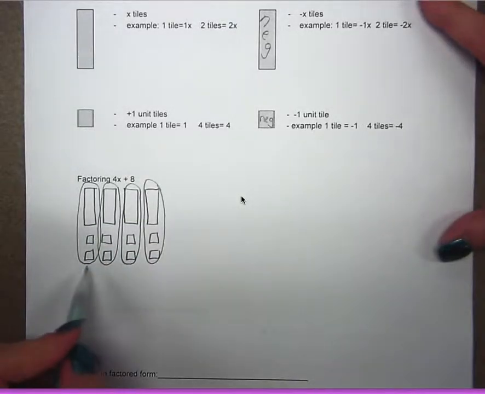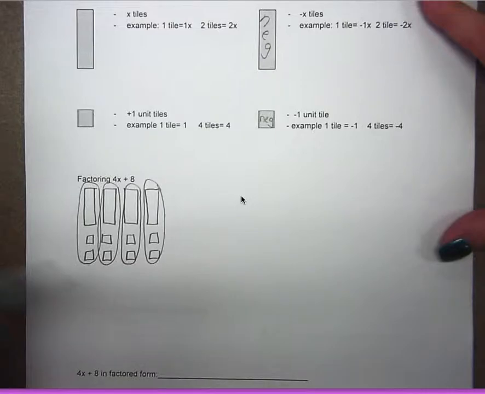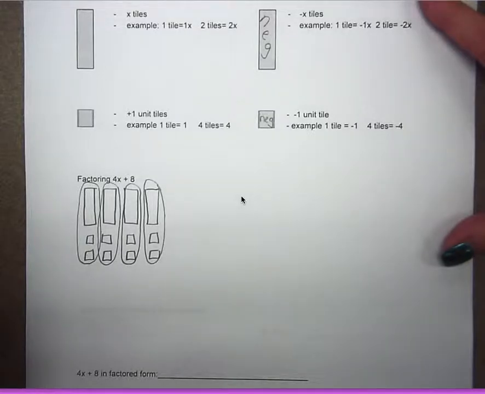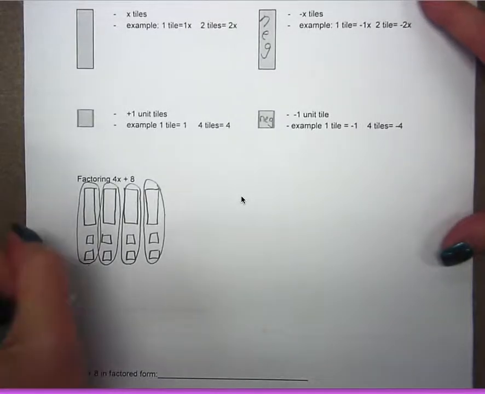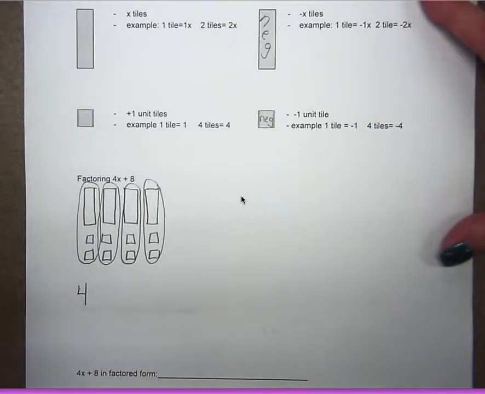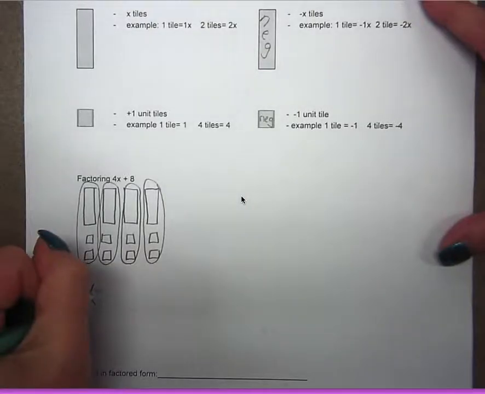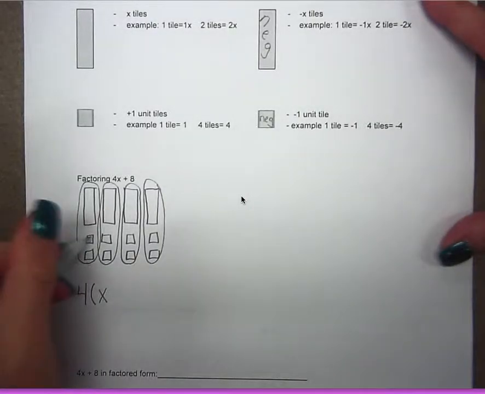So I have 4 groups, and within each group I have 1x and 2 unit tiles. So 1x plus 2 unit tiles. So how would I write this? 4 groups of 1x, and we know that 1x can be written as just x, plus 2.